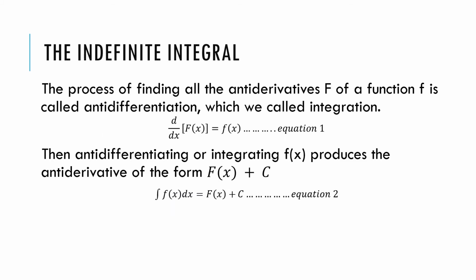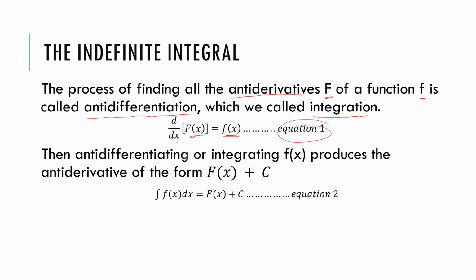Next is, let's head on to our indefinite integral. So the process of finding all the antiderivatives of a function f is called antidifferentiation. So sobrang haba siya. So we can call it integration. So the derivative of F of x with respect to x is equals to f of x. This is equation 1.